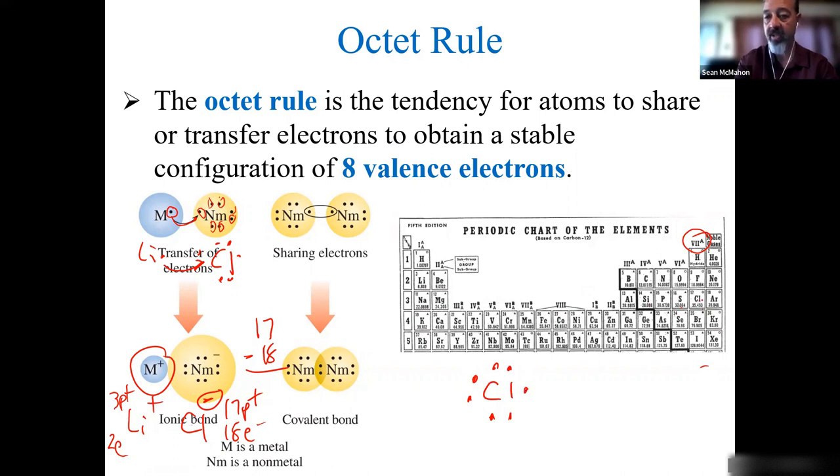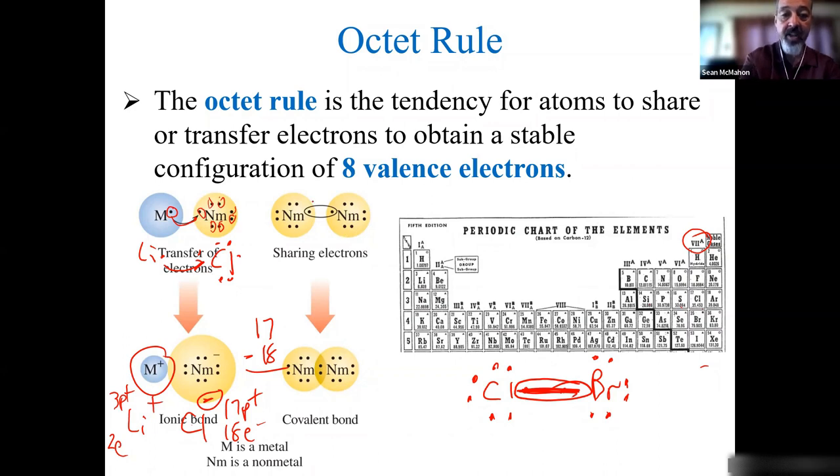Because chlorine, again, 7A, 7 valence electrons. And I could have bromine that has 7 electrons. Okay, but they want to have 8. So they both need 1 more. So they're willing to share their odd electrons, and then that makes the bond.